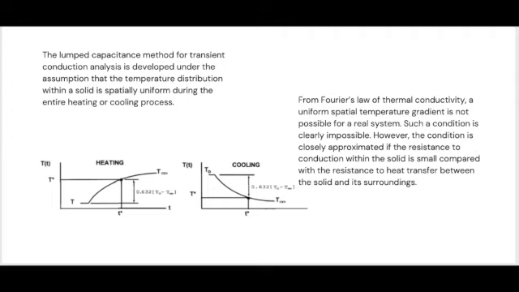It's not real for a real system. But if the internal conduction resistance of the solid is very small compared to the convection and radiation resistances at the surface, the lumped capacitance method provides a reasonable approximation for the temperature throughout the solid at any given time.